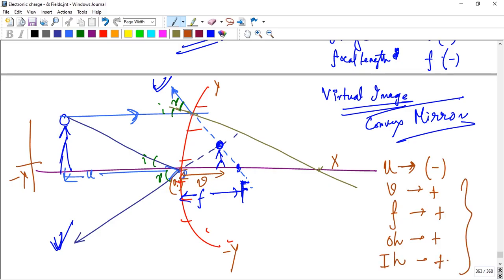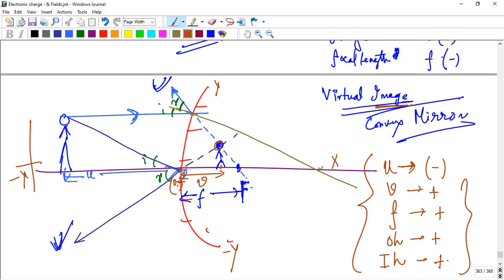They are not inverted, they are erect, and the image height is small compared to the object. So this image is virtual, they virtually meet at that point, but in reality they do not meet. That's why this image is called a virtual image. Is the sign convention clear? That is for the convex mirror.